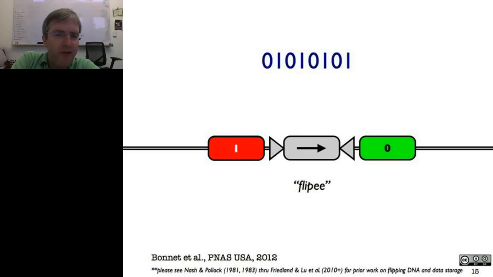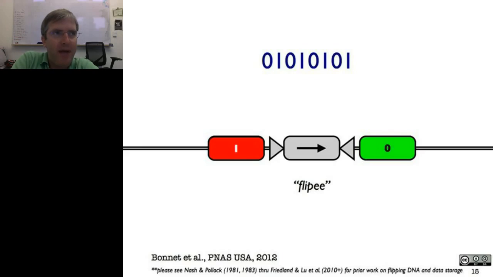The first part of this story was published about a year ago, as shown below, and it's building on ideas from the 1980s. The idea here is if you wanted to encode 1 bit of digital information inside a cell, how could you do it? And Jerome's idea was to use double-stranded DNA within a chromosome as a data register.